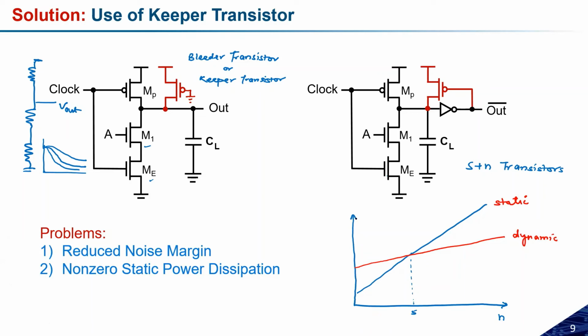This is the fan-in, and this is the number of transistors. So this kind of graph we can make, and we can assume how it will look. So this was the first problem.